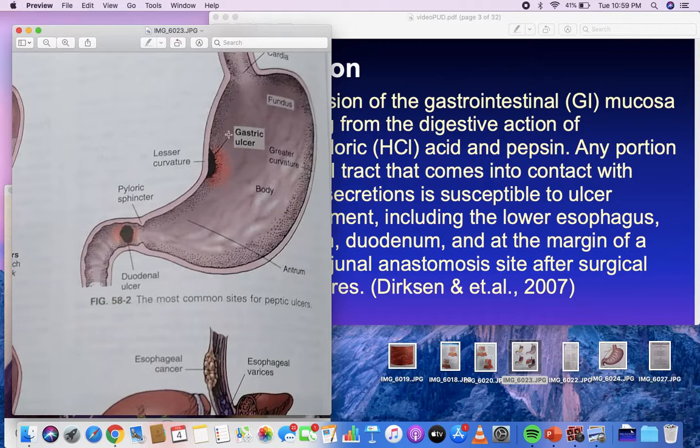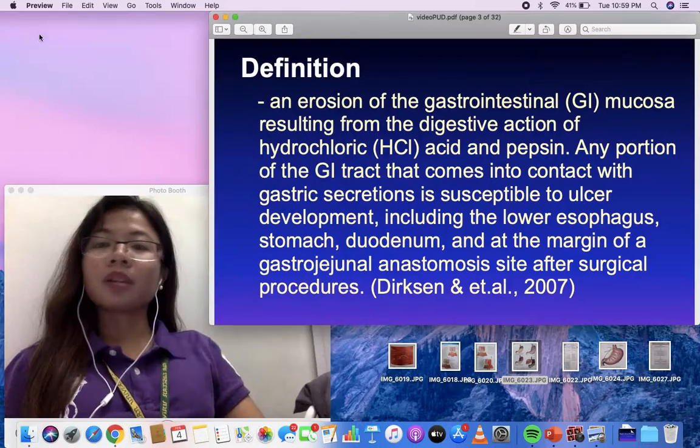Here, as you can see, the lesser curvature is the gastric ulcer. And this one, here at the bottom, in the pyloric sphincter, is the duodenal ulcer.